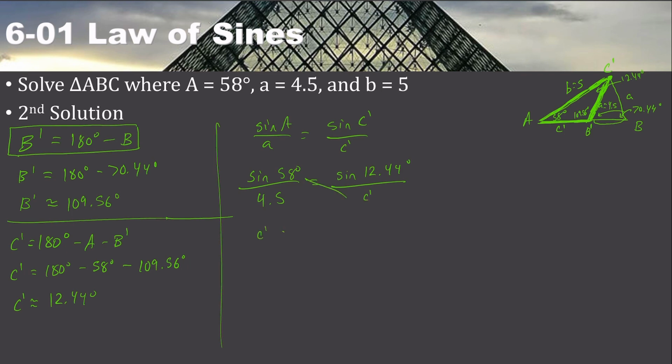So cross multiply. Divide by sine of 58 degrees. And so side c is about 1.14. See, not so bad.